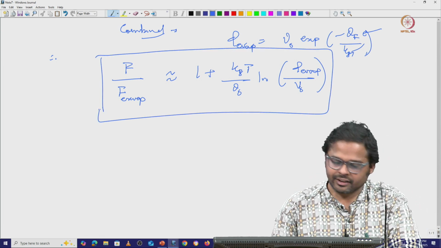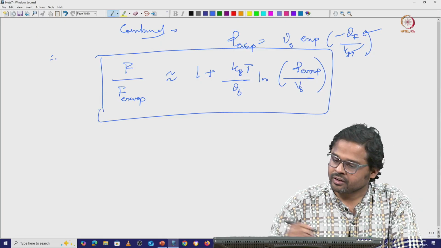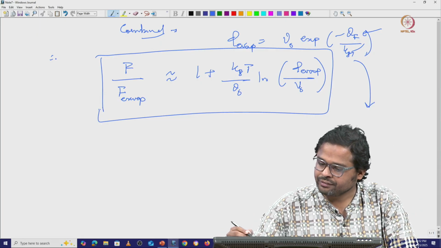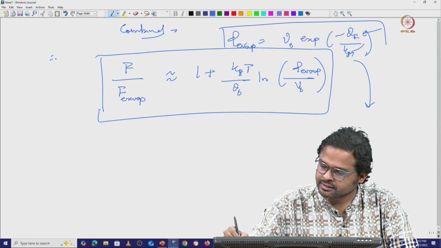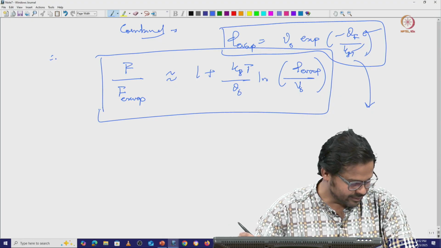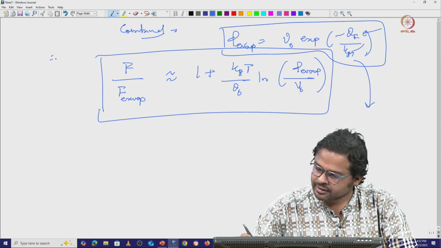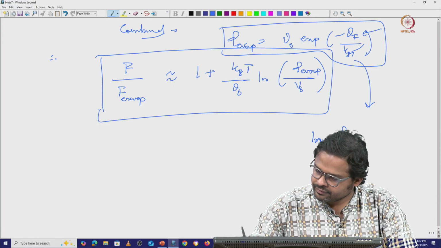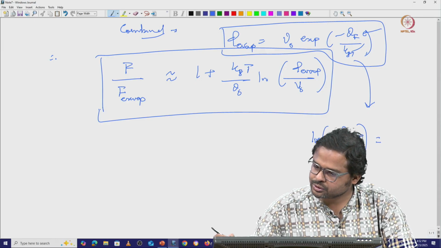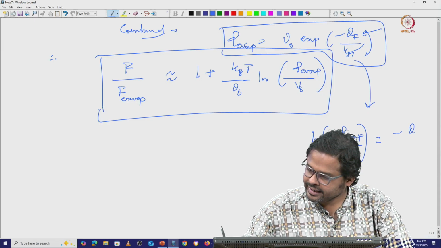So if you see how this expression came, if you take the rate expression in log scale, you can write ln of the evaporation rate divided by mu naught, which equals minus theta f divided by kBT.